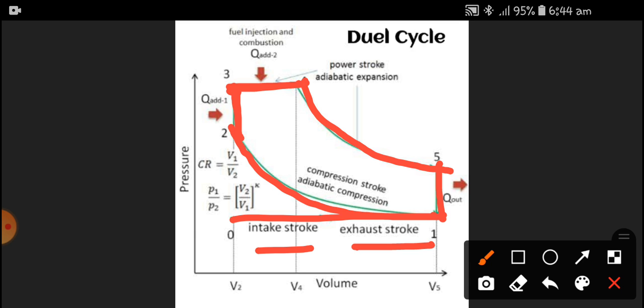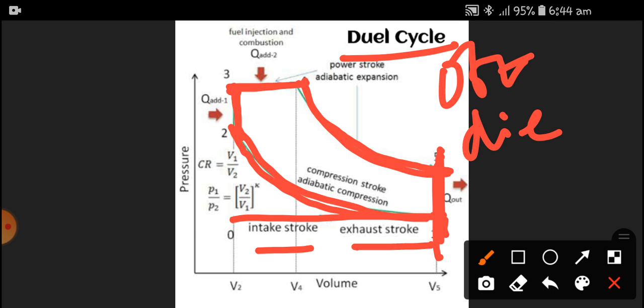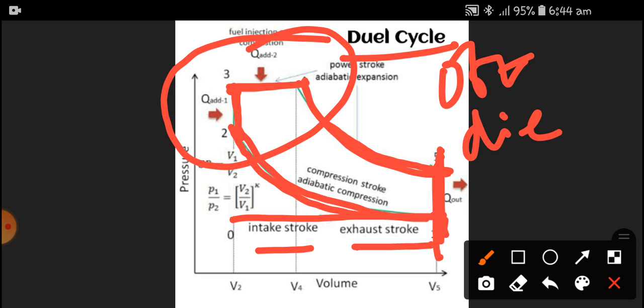If you look at actual cycles, whether it is an Otto, diesel or dual cycle, the heat rejection takes place at constant volume. Compression is adiabatic, expansion is adiabatic, whereas heat addition is different. If my heat is added at constant volume, it is an Otto cycle. If it is at constant pressure, it is a diesel cycle.